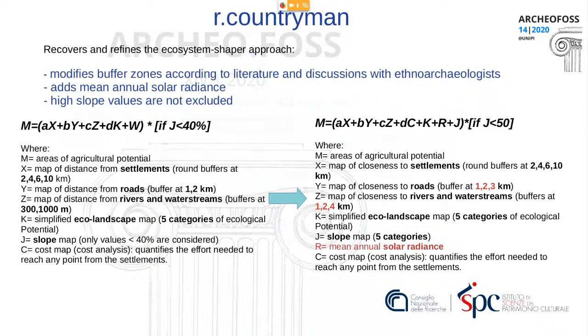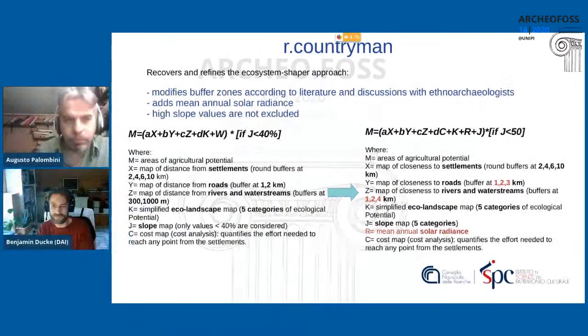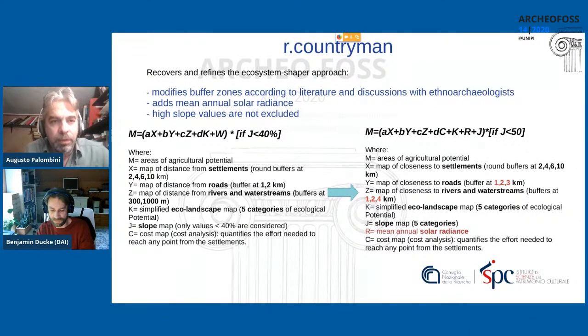I don't want to be too detailed on that, but the problems in dealing with slope values are exactly the same that the speaker before me has shown. So this kind of calculation is strongly affected by the resolution of slope. So slope is a factor that must be managed with care.